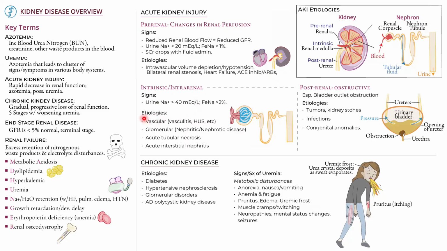So we have vasculitis, nephritic or nephrotic syndromes, acute tubular necrosis, and acute interstitial nephritis. This is it. For the postrenal cause, it is any obstruction that is happening to the kidneys. So maybe renal calculi or renal stones, tumors, we talked about the pelvic malignancies, infections, or congenital anomalies causing renal obstruction.